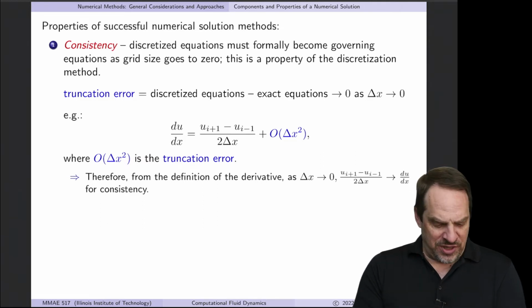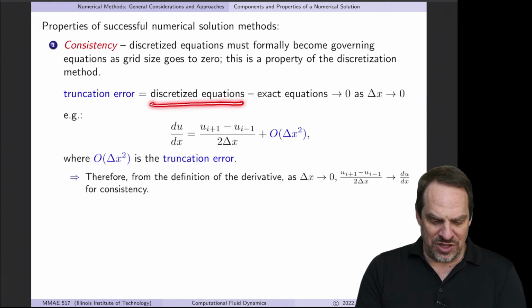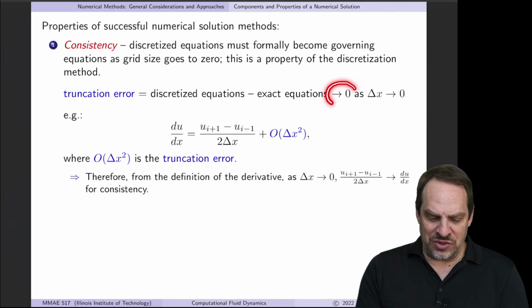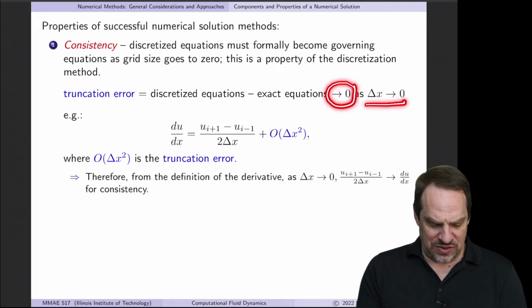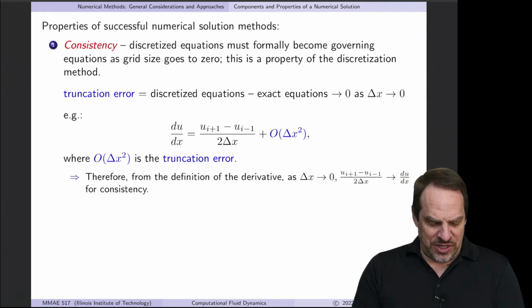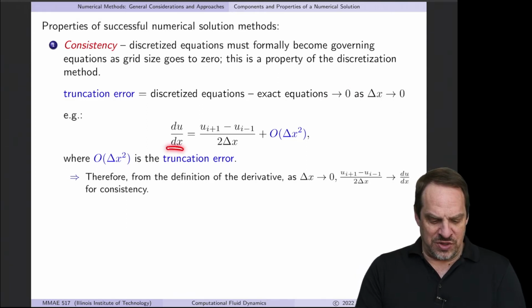If you think about truncation error, for example, truncation error is the difference between the discretized equations and the exact equations. That then must go to 0 as delta x goes to 0 for consistency. So let's take a simple example. Let's just take one first order derivative, du/dx, and this is one form of an approximation.